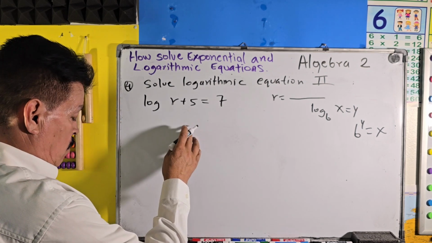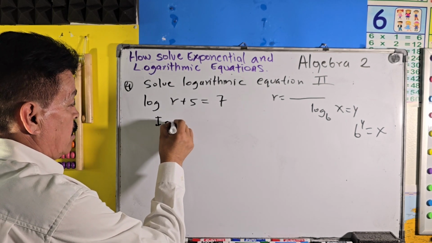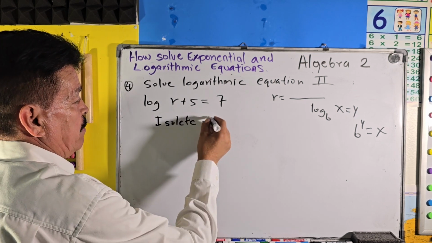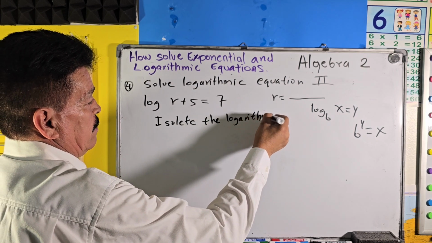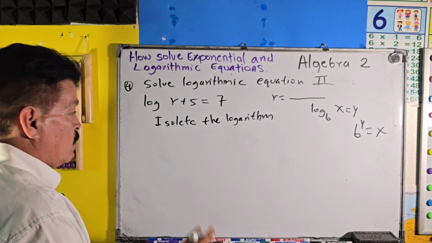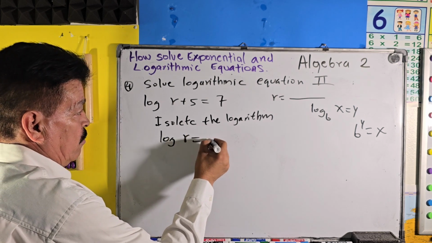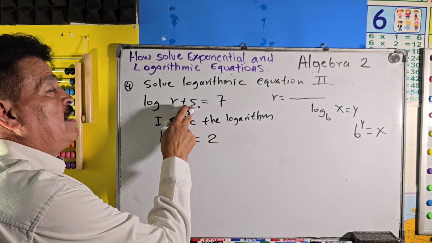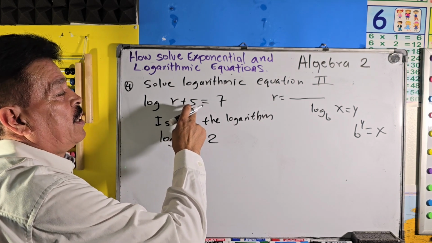Okay, so let's go. Here we have to isolate the logarithm. How? We have to write log r equals 2. The 5 is plus, an addition.